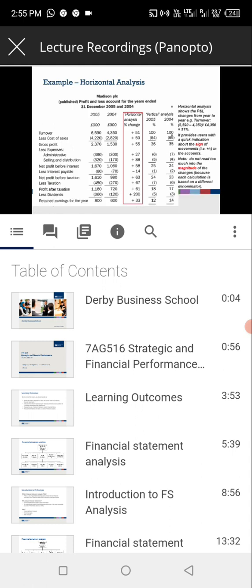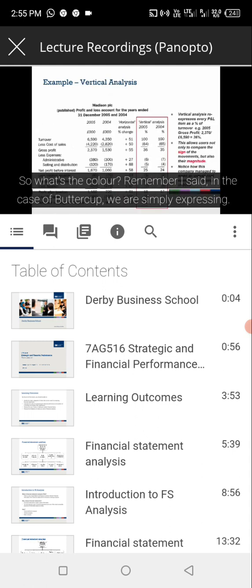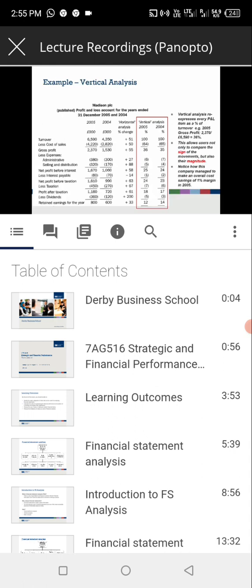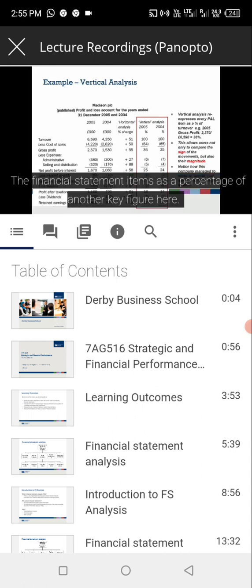All right. So vertical. Remember we said in the case of vertical, we are simply expressing the financial statement items as a percentage of another key figure. Here, that your key figure is 100%. Is that okay?